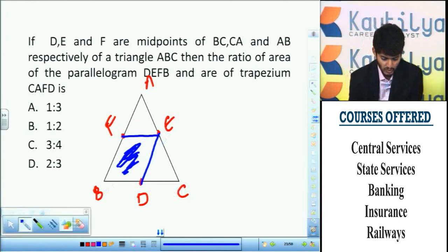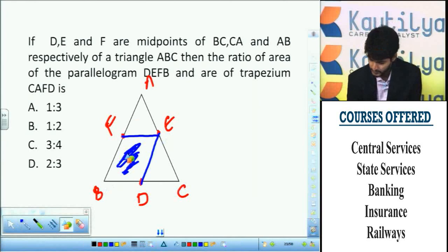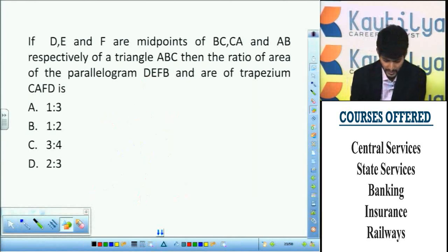Now you might ask me, sir, what if I join, just give me a second, let me again draw a triangle for you.